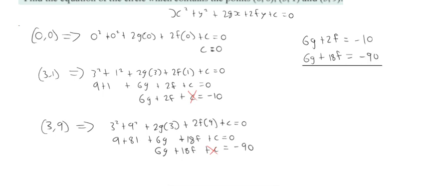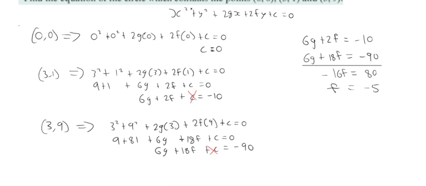You can multiply the bottom one by minus 1 first, or just subtract one from the other. So we get minus 16f is equal to 80. And then f has to be equal to minus 5. So f is equal to minus 5.